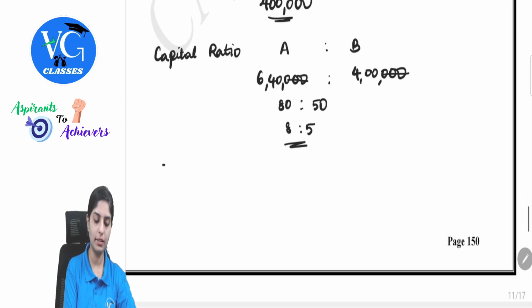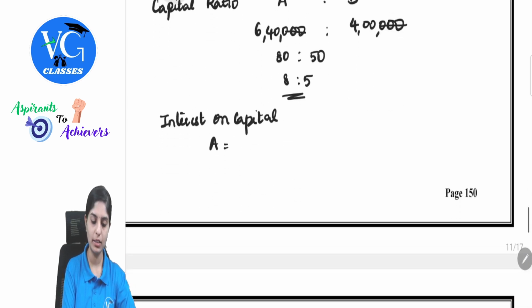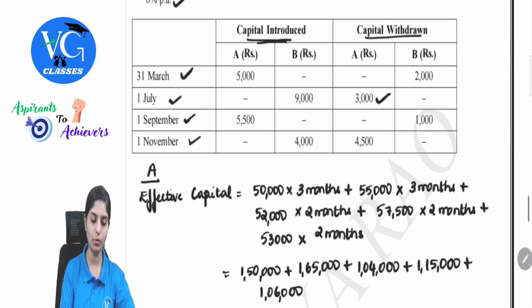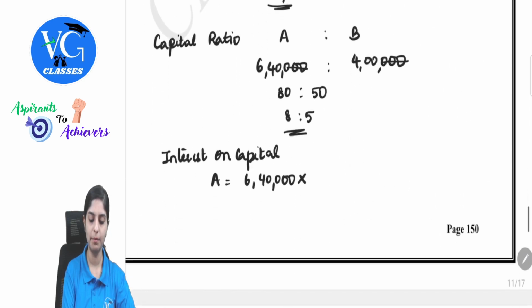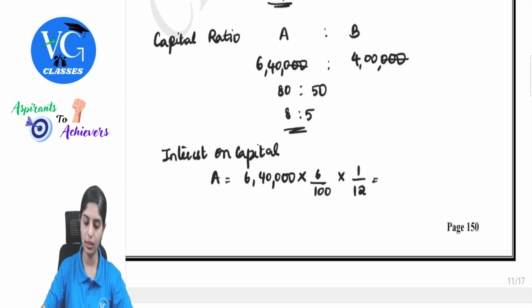Then interest on capital. For A, anyway, we have calculated effective capital 6,40,000 into rate by 100 into 1 by 12. What was the rate given? 6%. 6 by 100 into 1 by 12. So 6,40,000 into 6% divided by 12.